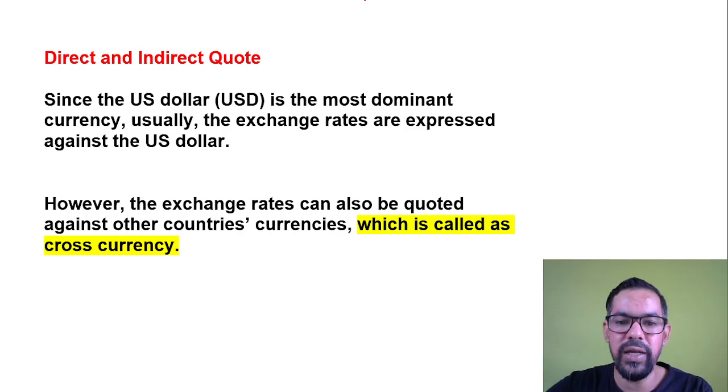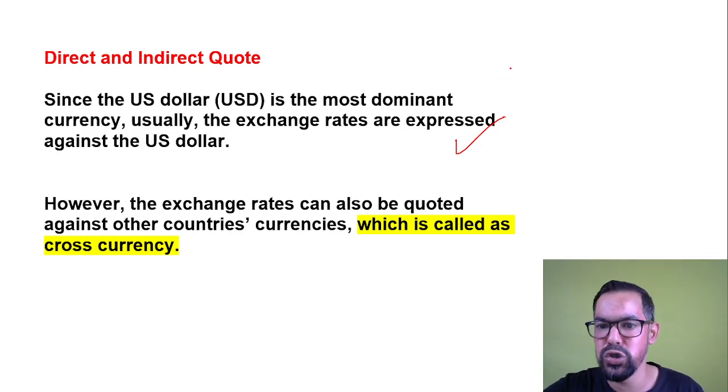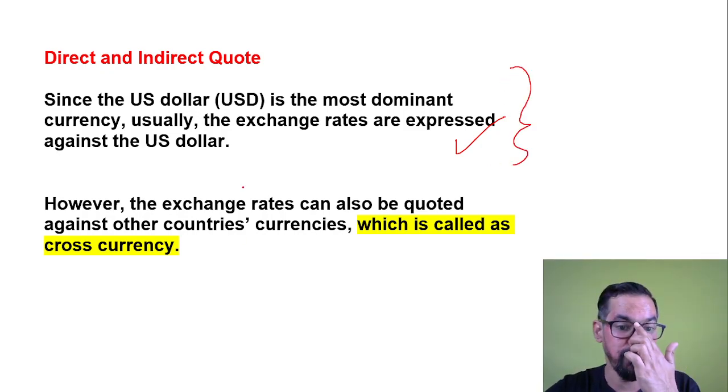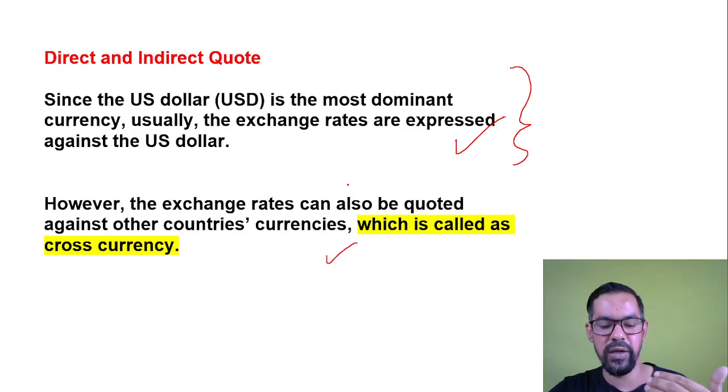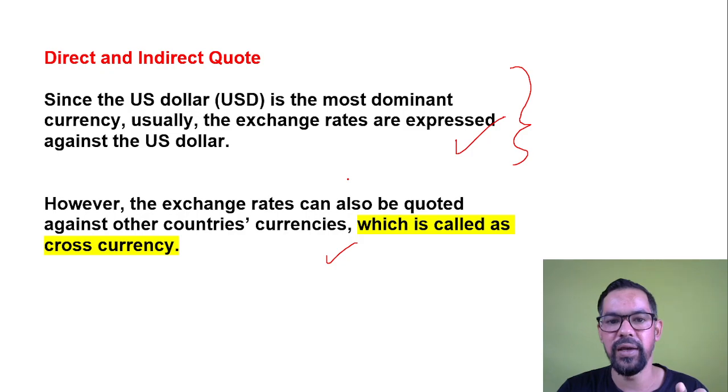Most of the time you will find this kind of exchange in the market. Since the US dollar is the most dominant currency, usually the exchange rates are expressed against the dollar. However, the exchange rate can also be quoted against other currencies, which is called a cross rate. We have four major currency pairs: USD INR, euro INR, yen INR, and pound INR.